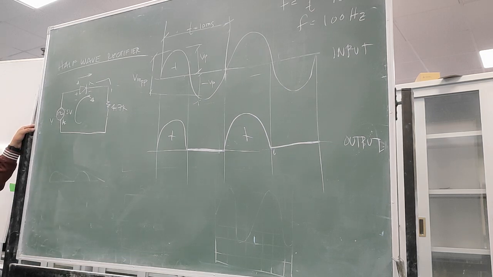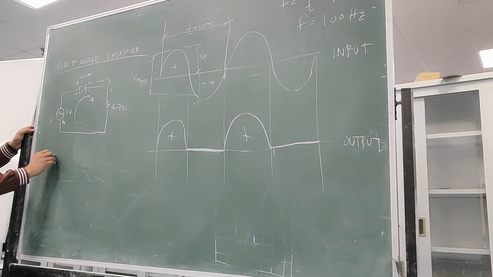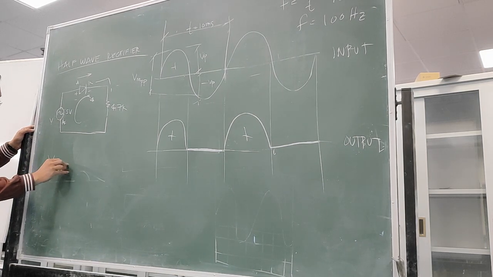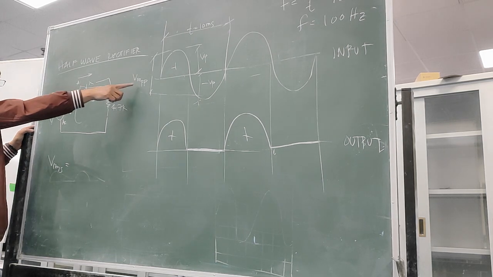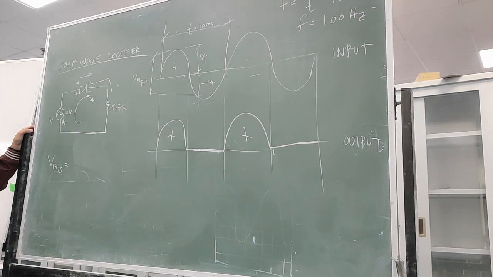So here, you need to verify if your measurement or waveform is correct, try to apply the rule. Okay? Later, you apply the rule VRMS, because we measured the V peak to peak.